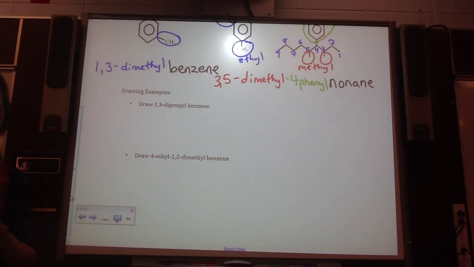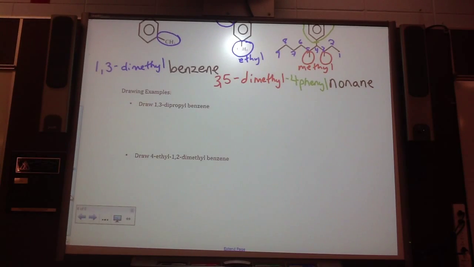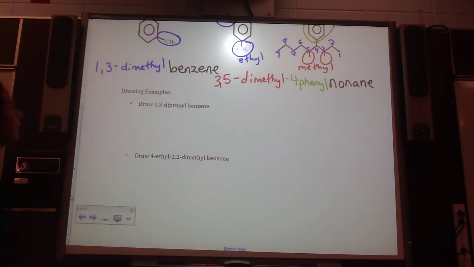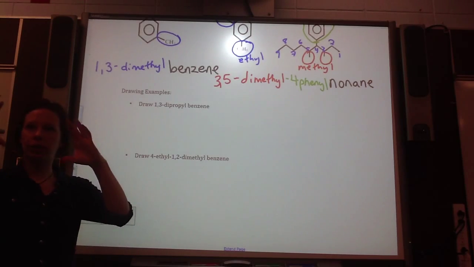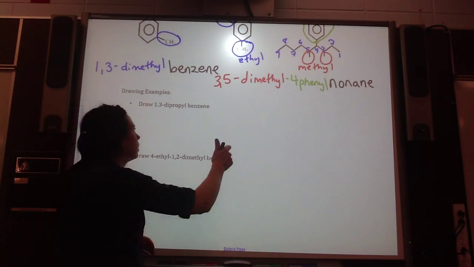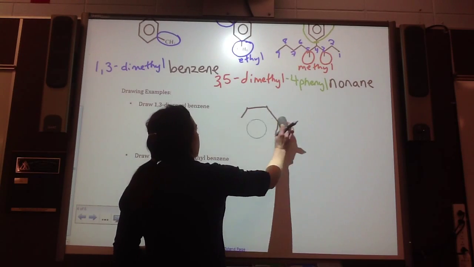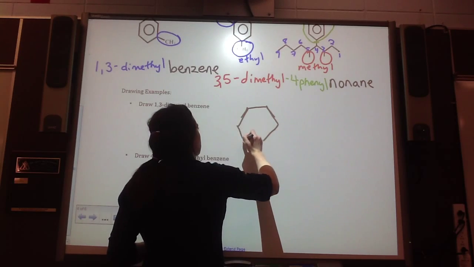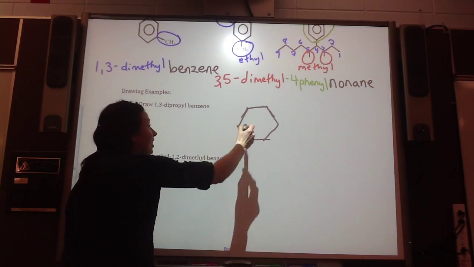Okay, let's try a couple where we have to draw the compound now. So draw 1,3-dipropylbenzene. It says benzene is the last thing, so we start with a benzene ring.